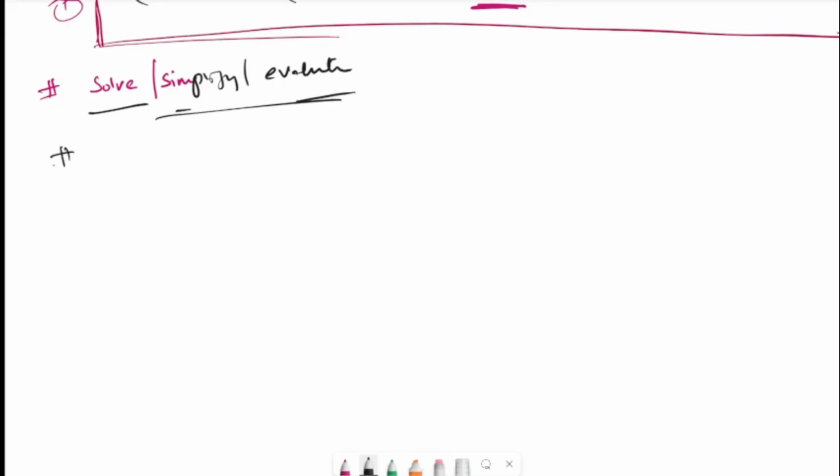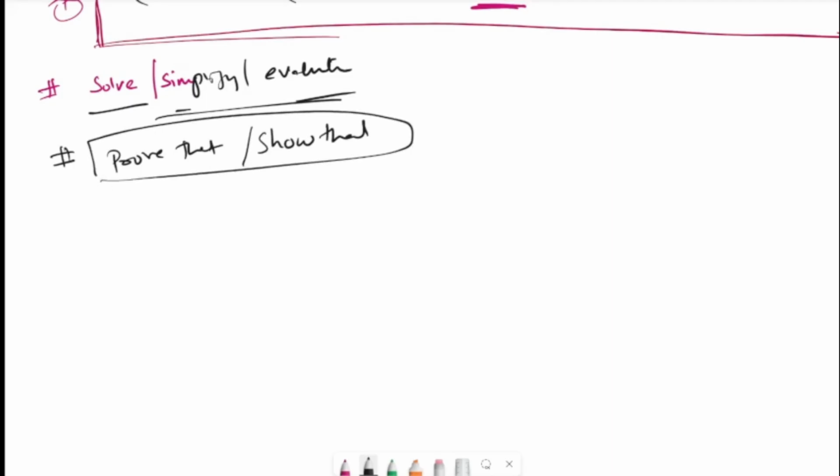The other kind of question is prove that, show that, etc. What it means is, you're given an equation, and you have to prove that the specific equation holds true.